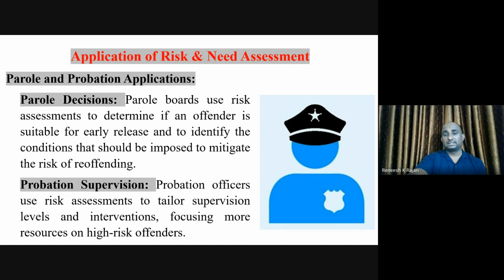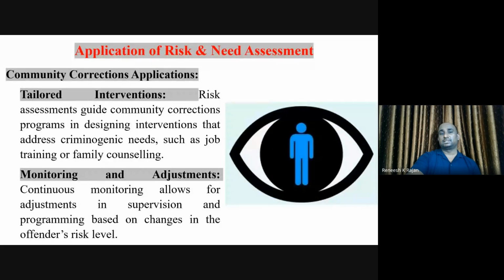Supervision levels, in the sense that if probation officers conduct a risk and need assessment among their probationers, they will be able to identify whom to focus on. For the higher risk level, we can focus more, and the intervention programs can also be focused based on their need. So that is another application of risk and need assessment.